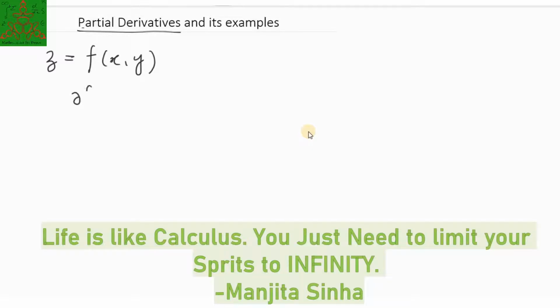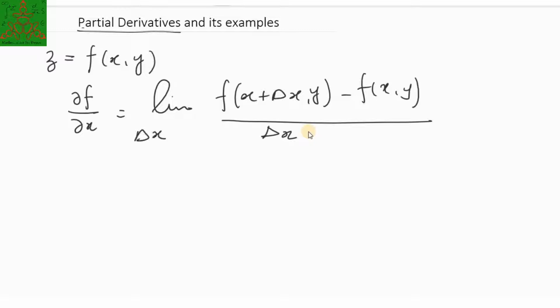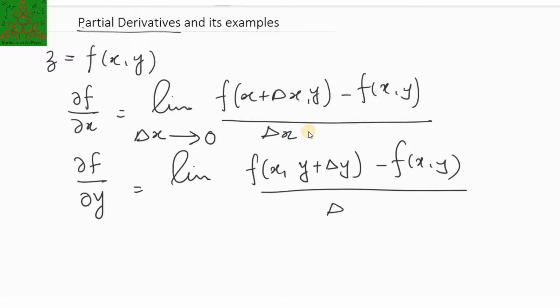That can be defined as del f upon del x is equal to the limit of f of x plus delta x, y minus f of x y upon delta x as delta x tends to 0, and the partial derivative of f with respect to y is defined as the limit of f of x, y plus delta y minus f of x y upon delta y as delta y tends to 0. This way the partial derivatives of a function are defined.